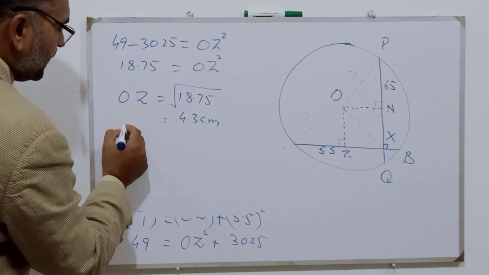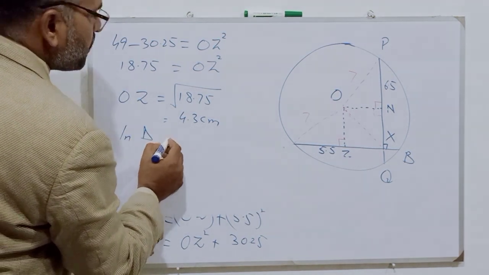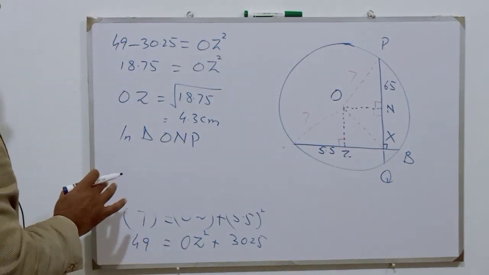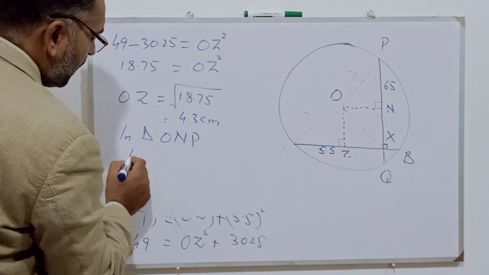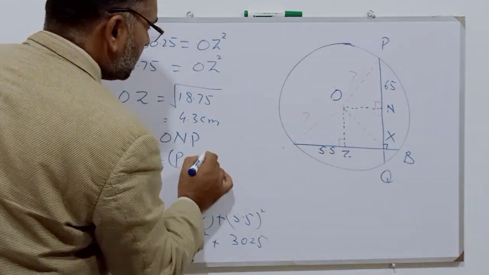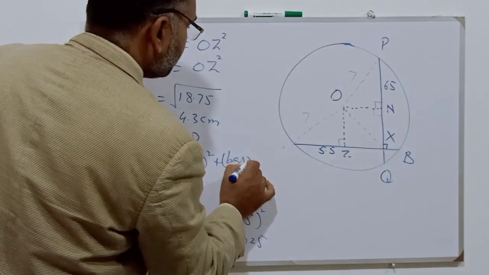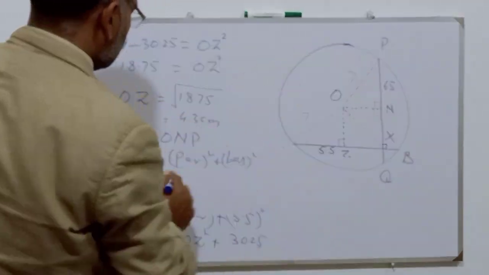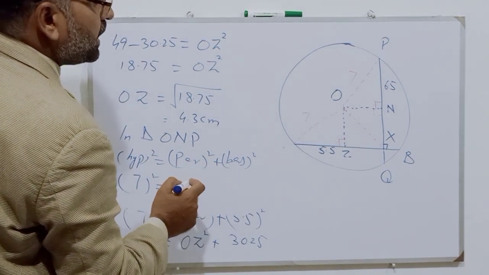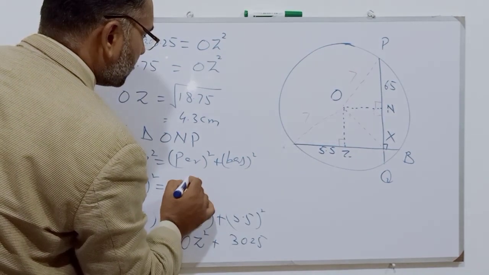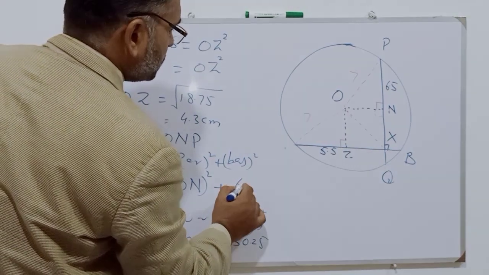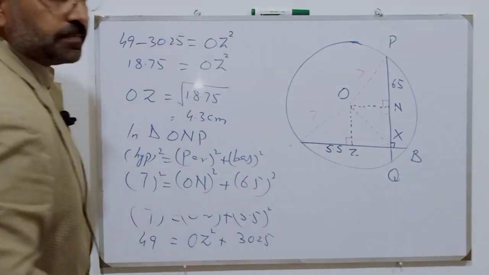So I will write in triangle ONP. By using Pythagoras theorem, we will have hypotenuse square is equal to perpendicular square plus base square. Hypotenuse of this triangle is 7, so I will write 7 square is equal to perpendicular is ON, and we have to find the value of ON, so I will write ON square plus base is 6.5 square.